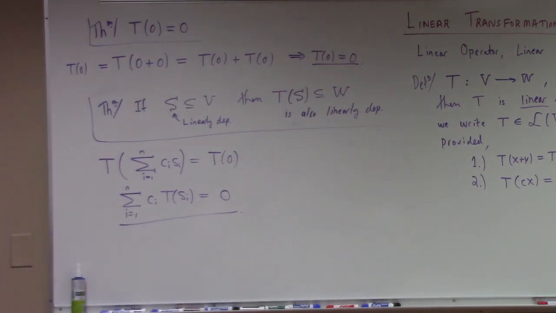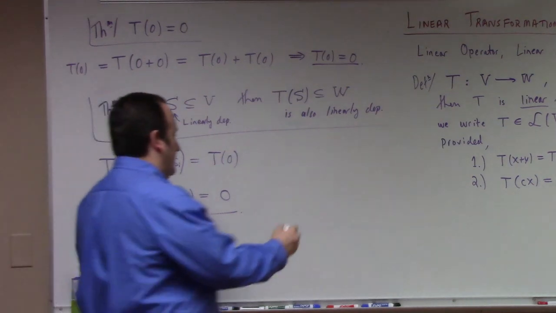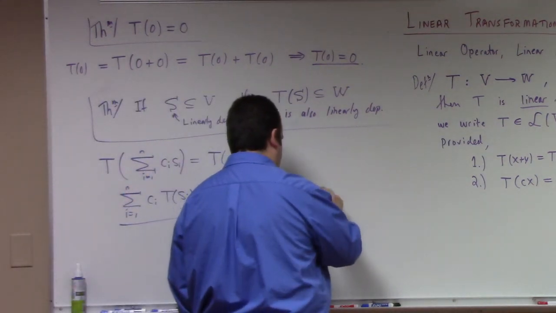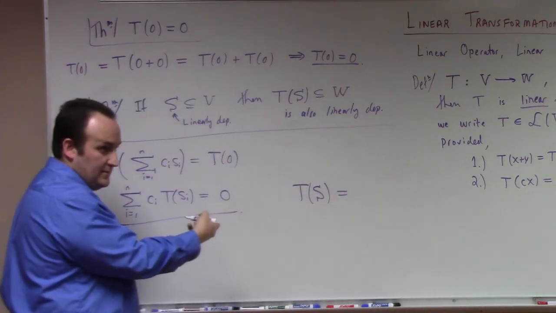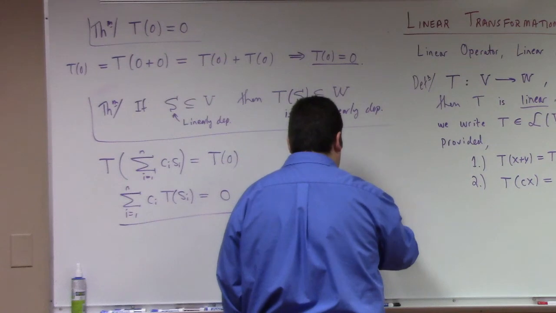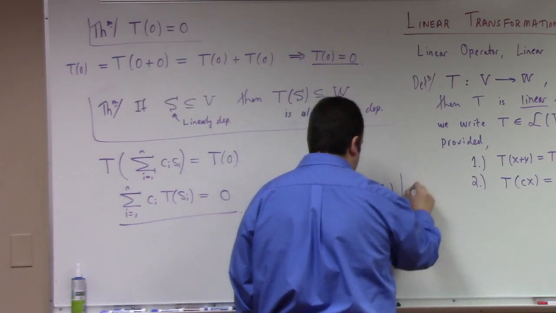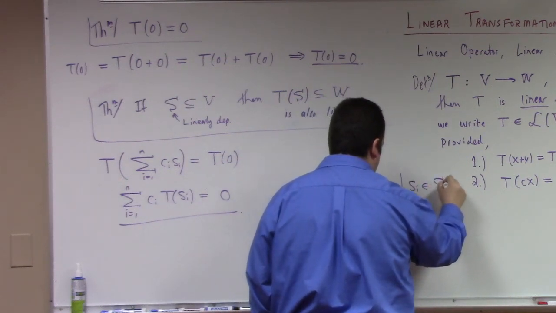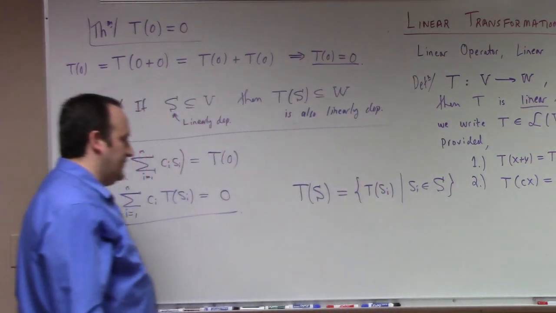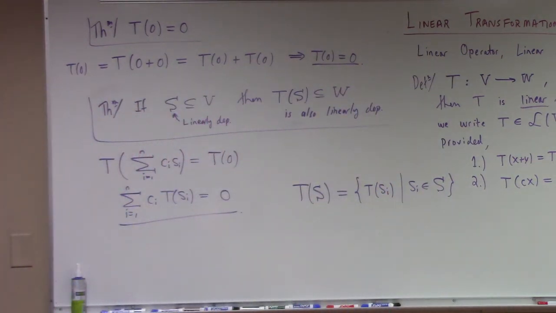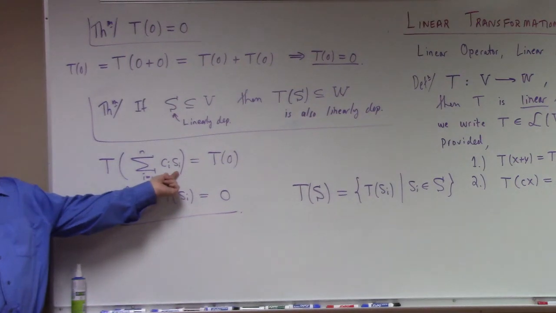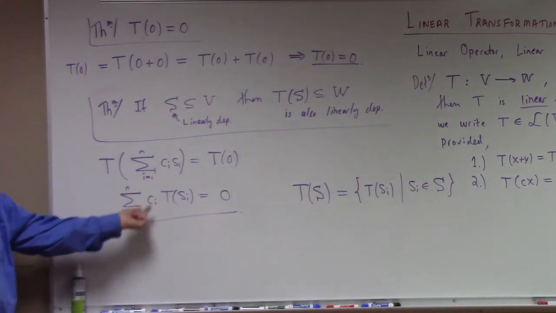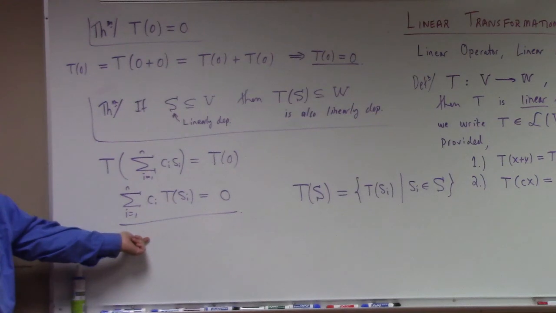What does T of S mean, guys? This is set theoretic notation, right? That's a set. This is the set of images, T of s_i such that s_i is in S. It's the image of S under T. That is a linearly dependent set because I've just shown you that if we have a linear dependence in S, we feed it to the linear transformation, it passes through to the same linear dependence of the images.